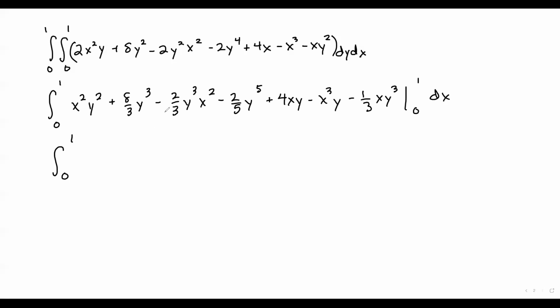Plugging in 1 for all those y's, we're going to have x squared plus 8/3 minus 2/3 x squared minus 2/5 plus 4x minus x cubed minus 1/3 x.